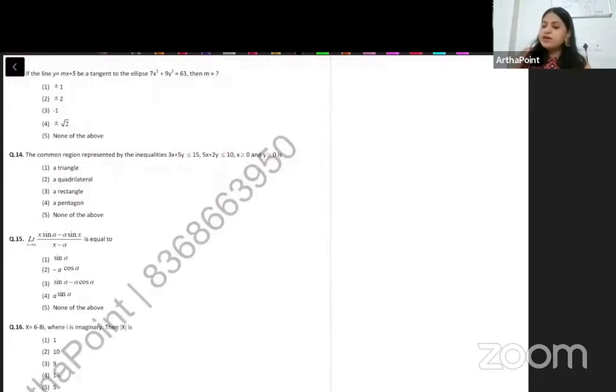Okay, very simple, fairly simple question. So we know that 7x square plus 9y square is given as 63. If I solve this, I have to divide this by 7. So plus 9 by 7 y square will be 63 by 7.